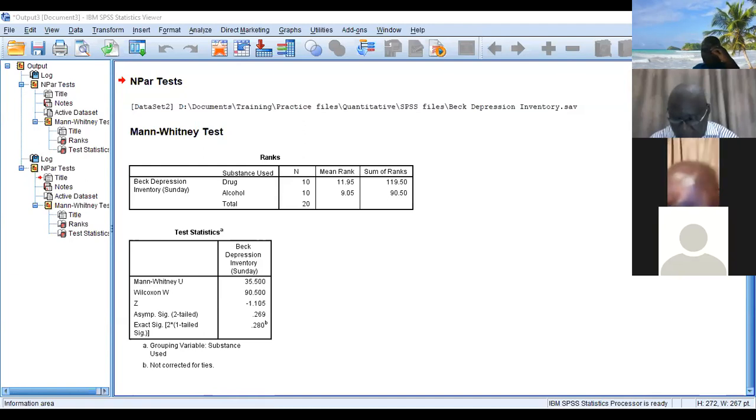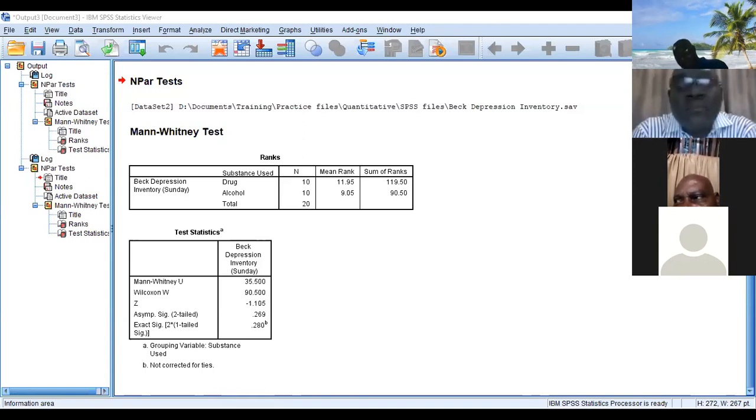Something is just running through my mind now. Like this data set, we have two separate days. What you've done is to run Sunday and Wednesday, drug and alcohol, as independent samples for a particular day.